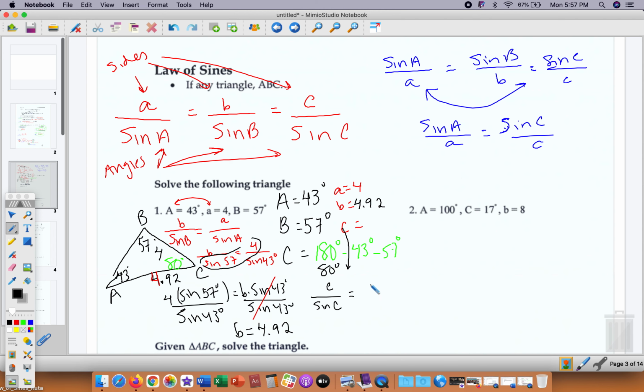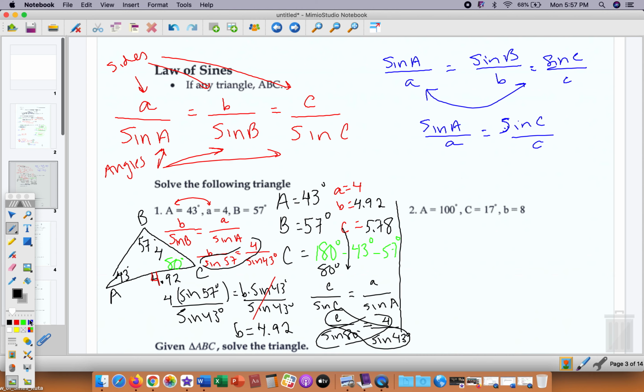I'm going to use A since it was given in the beginning, so I'll use little a over sine of A. I have little c over sine of angle C, 80 degrees, is equal to little a, 4, over the sine of 43 degrees. If we cross multiply and then solve for c, we get c is about 5.78. So now we have all of the sides and all of the angles using law of sines.